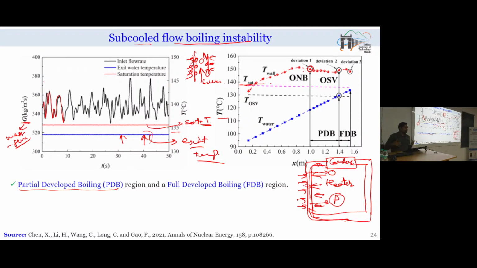So, because of the bubble nucleation, what will be happening? It will be taking a significant amount of heat from the wall, which is equal to the latent heat of vaporization required for that bubble mass, and hence a decrease in the wall temperature is seen. So, whenever we see a decrease in the wall temperature, this particular point is called the onset of nucleate boiling. At this point, nucleation of the bubble has started.